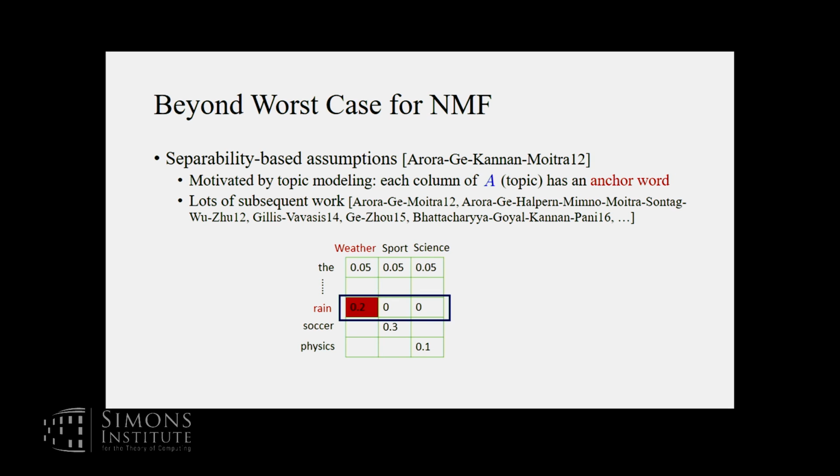It's just a word that appears in this particular topic, but does not appear in any other topics. Under such an assumption, there exists an efficient algorithm for this problem, and you can just run it. Actually there's a lot of subsequent work along this line, and there are very practical algorithms.